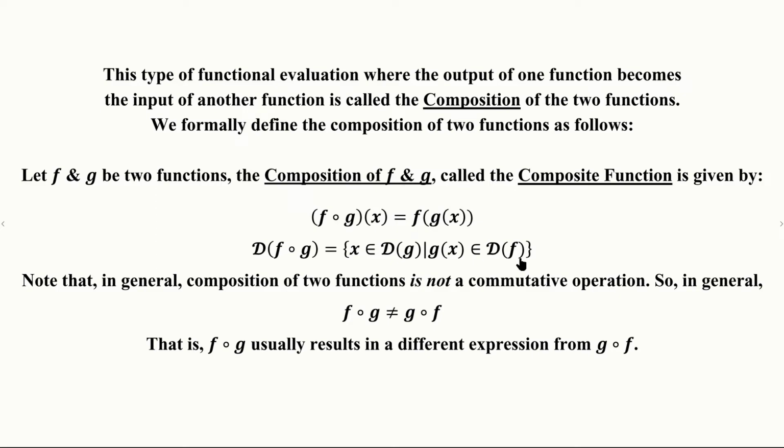Now, it sounds a little bit confusing, but it's not. So remember, the domain of the composite is never larger than the domain of the what? The second function, the g of x, right? And even those, you can only accept the ones which don't cause any problem for the f function, right?